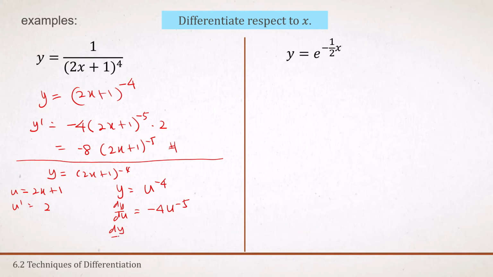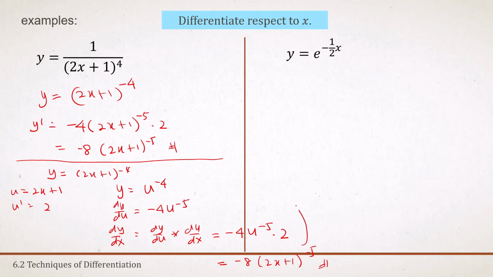So you use your dy/dx equals dy/du multiplied by du/dx. So you're going to have negative 4 u negative 5 multiplied with 2. And then don't forget, change back the u. So I have negative 8, and then my u is (2x plus 1) negative 5. If you look at these two answers, they are exactly the same. So regardless of which method you use, you will have the same answer.